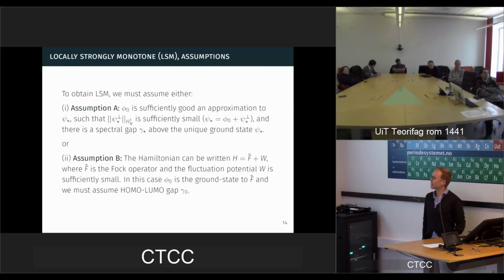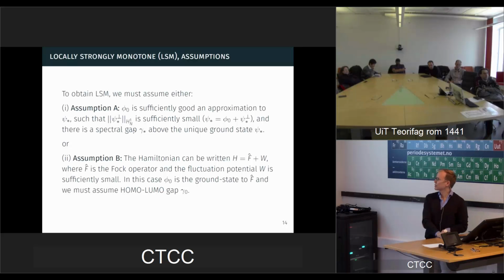So the local Lipschitz condition we have directly from just taking the derivative of the energy. But to obtain this locally strong monotonicity, we have formulated two sets of different assumptions. So to obtain this property, we either have to assume that the reference determinant is a good approximation to the exact solution, so that this correction here is sufficiently small.